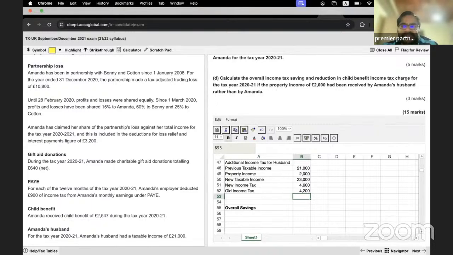Do we agree on that as well? Right. Then we take the tax savings. So for her husband, there is an additional tax of 400. Are we agreeing on that as well? So let's take this additional tax.